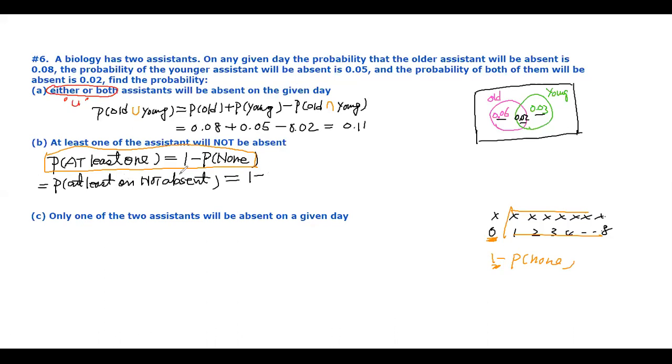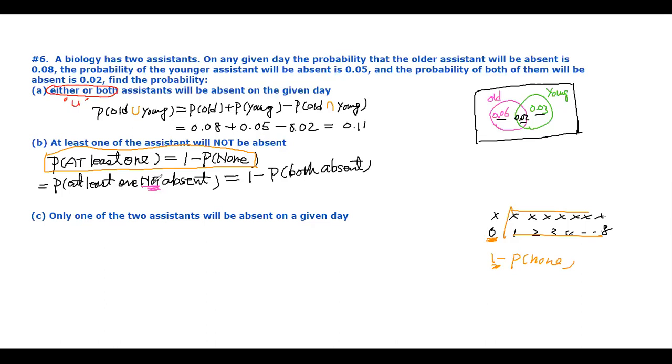At least one not absent could mean one absent and one not absent, or both not absent.